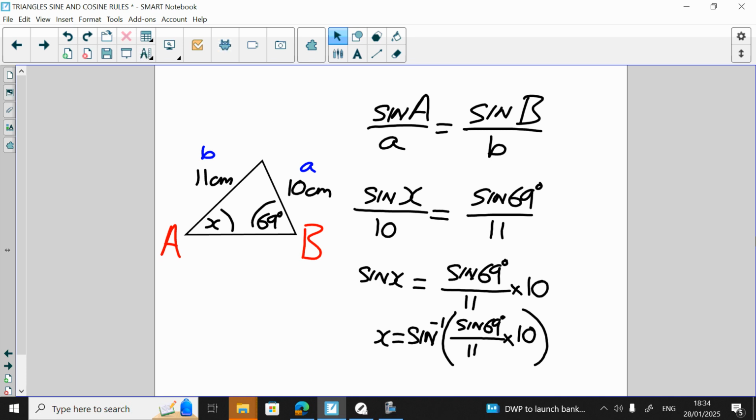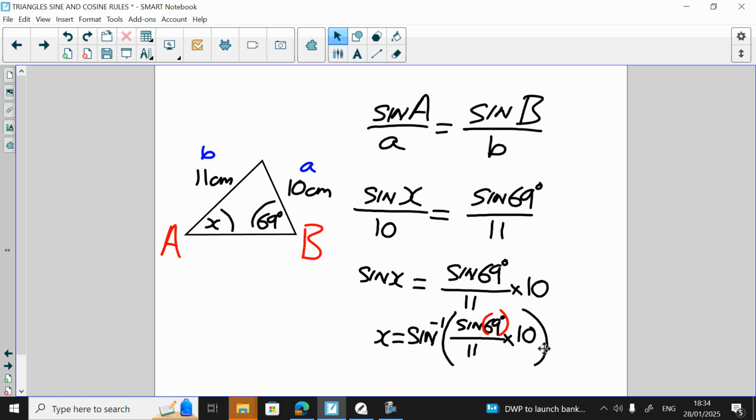So here, get your calculator, inverse sine. As soon as you type shift sine, -1, it'll give you a bracket. Then type in all this, but see that sine 69, make sure you bracket that. So inverse sine, sine 69 close bracket, divide by 11 times 10, close a bracket there.